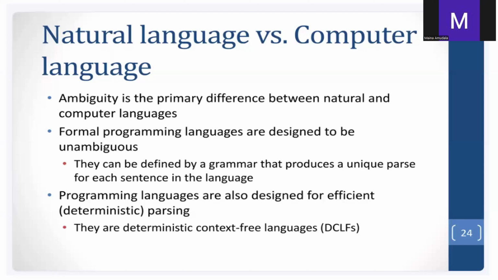The characteristics of computer languages: they have formal syntax and semantics, are unambiguous, follow strict rules and conventions, are executable by computers, and are platform dependent or platform independent.